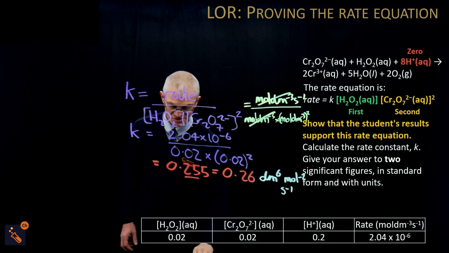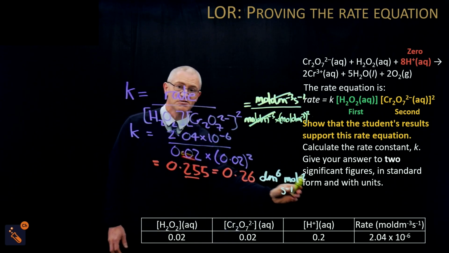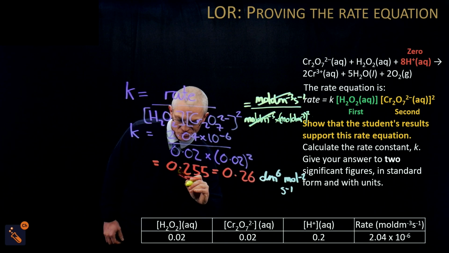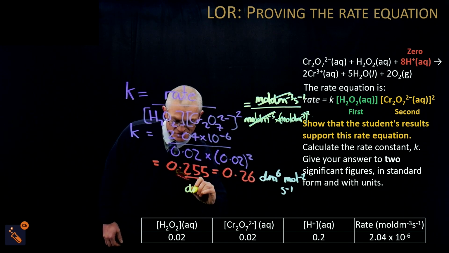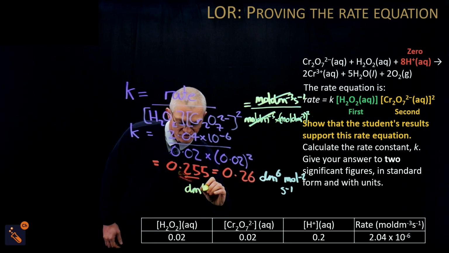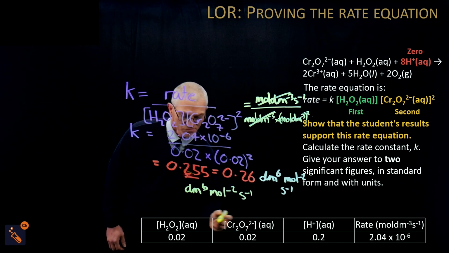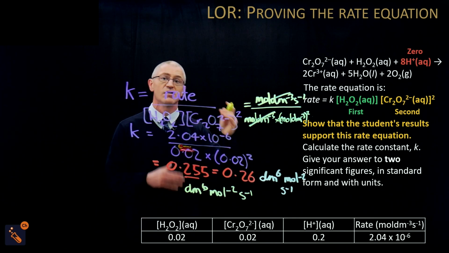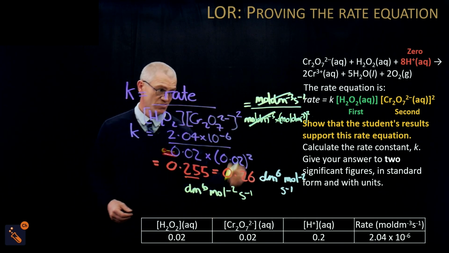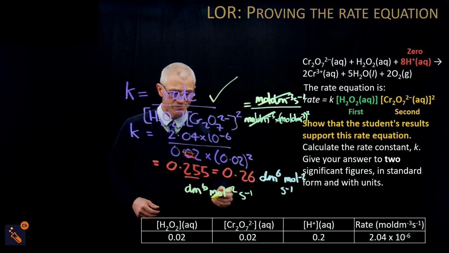And let me just finish that off a little bit neater because I don't like the way it comes down here. So that means your units are going to be decimeter 6, moles -2, seconds -1. So we have got our calculation of rate, which is perfect.